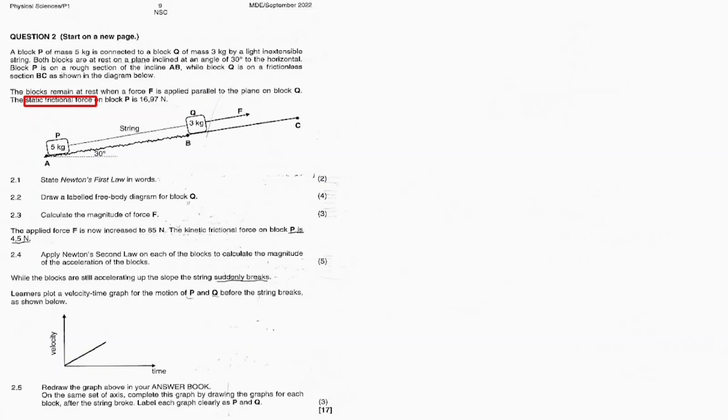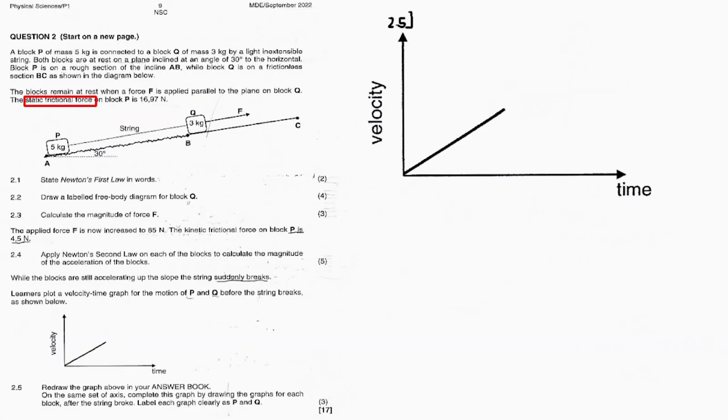Okay, I think redraw the velocity time graph. So this is the velocity time graph. Well, it's an exact copy of that one below, but ngifuna ukupointa out something ke la. So into ezowenzeka, if u-P no-Q baya move up the slope, baya accelerate because there's a force applied la, right?